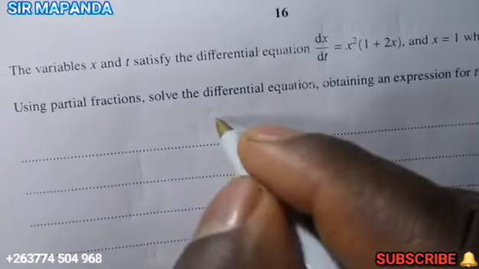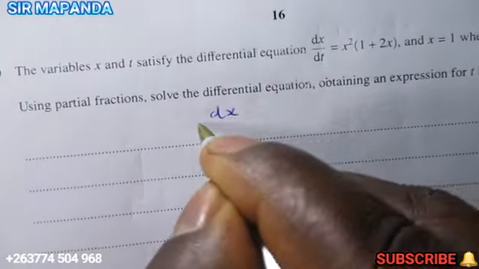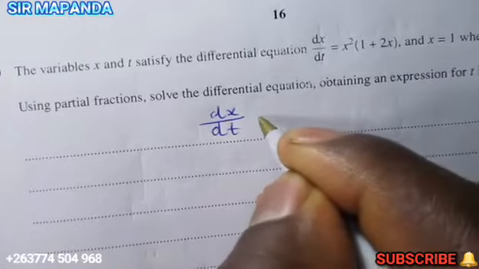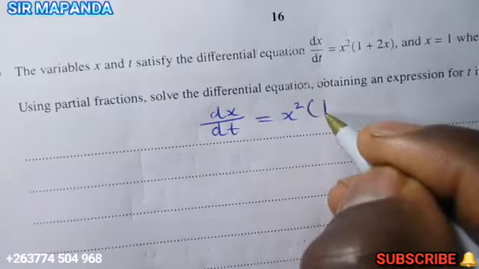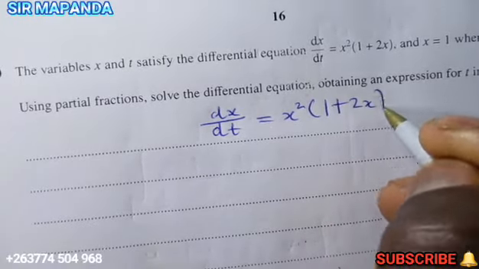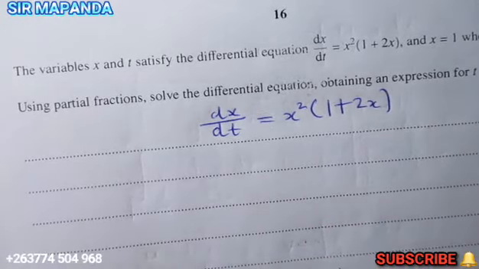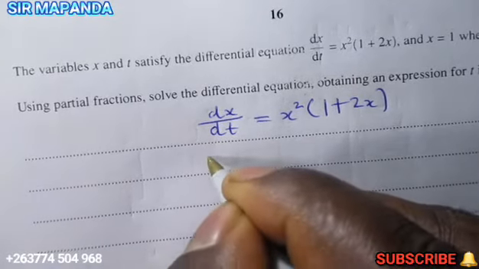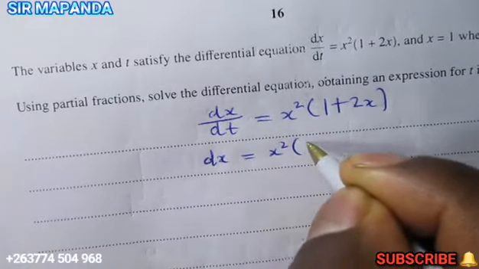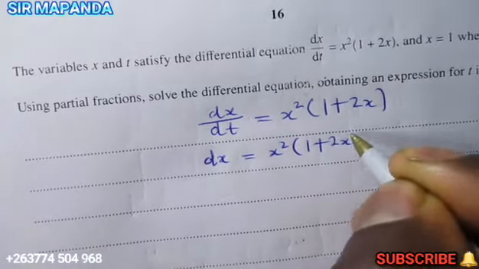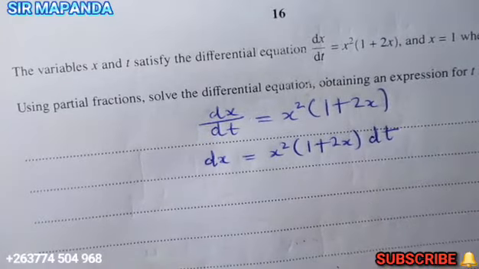So when solving a differential equation, we have dx dt, right, is equal to x squared 1 plus 2x. You collect like terms, right? So let me start by cross multiplication. You get dx is equal to x squared 1 plus 2x dt.